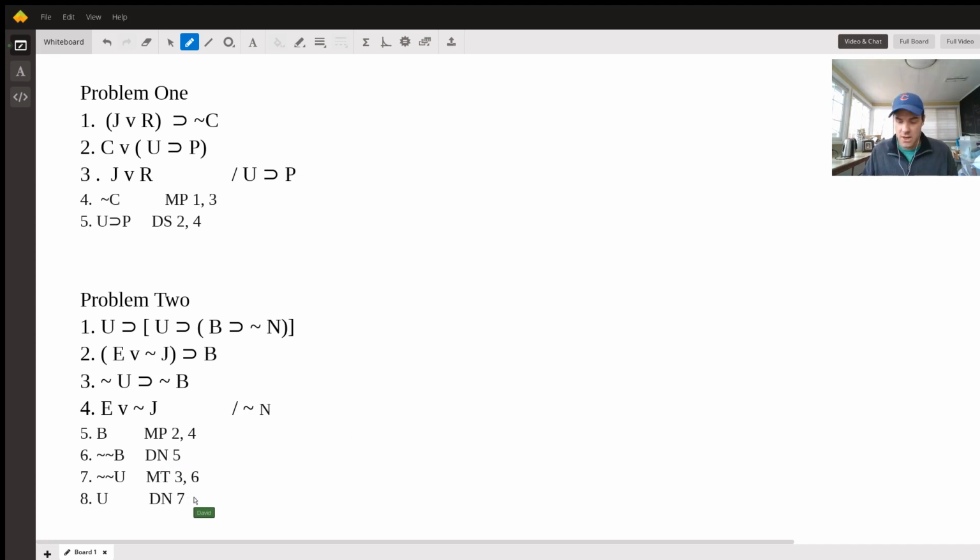For example, now that we know that U is the case, we can conclude that that first U, if U then blah, blah, blah, well, now we can say that blah, blah, blah is the case. So let's just copy and paste this whole thing inside the brackets, right? Because that first U is the case, it follows that this whole thing is the case.